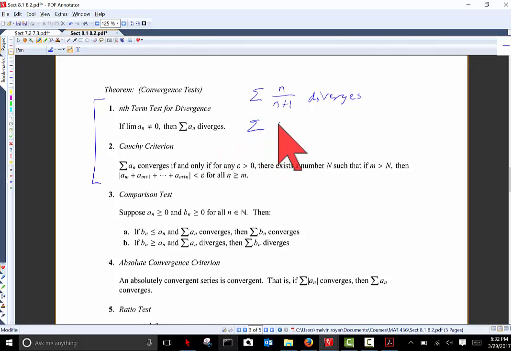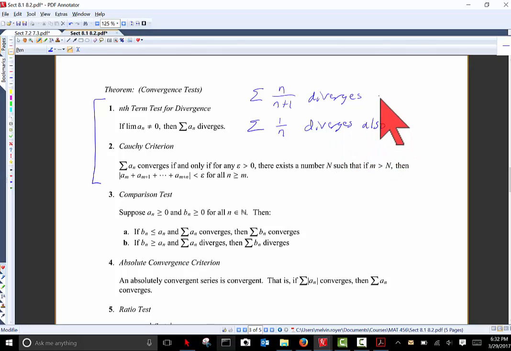The trick not to fall into is to say, well, since this term goes to 0, therefore the series must converge. No, it doesn't. We just showed that this diverges also. So this one diverges by the nth term test, and this one diverges because of something else, but it's not by the nth term test. The nth term test is only a one-way sword. It shows divergence, but it cannot show convergence.